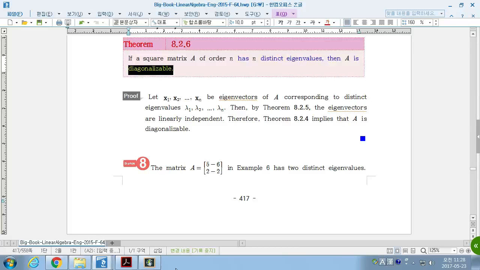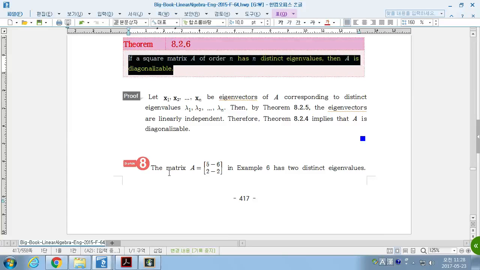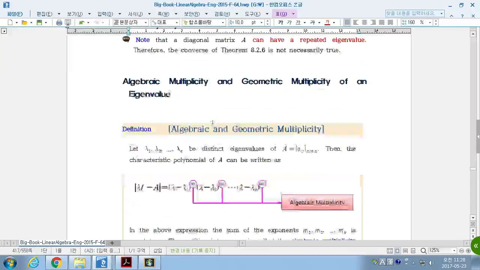So this theorem is true, but the converse may not be true. That's what this note says.